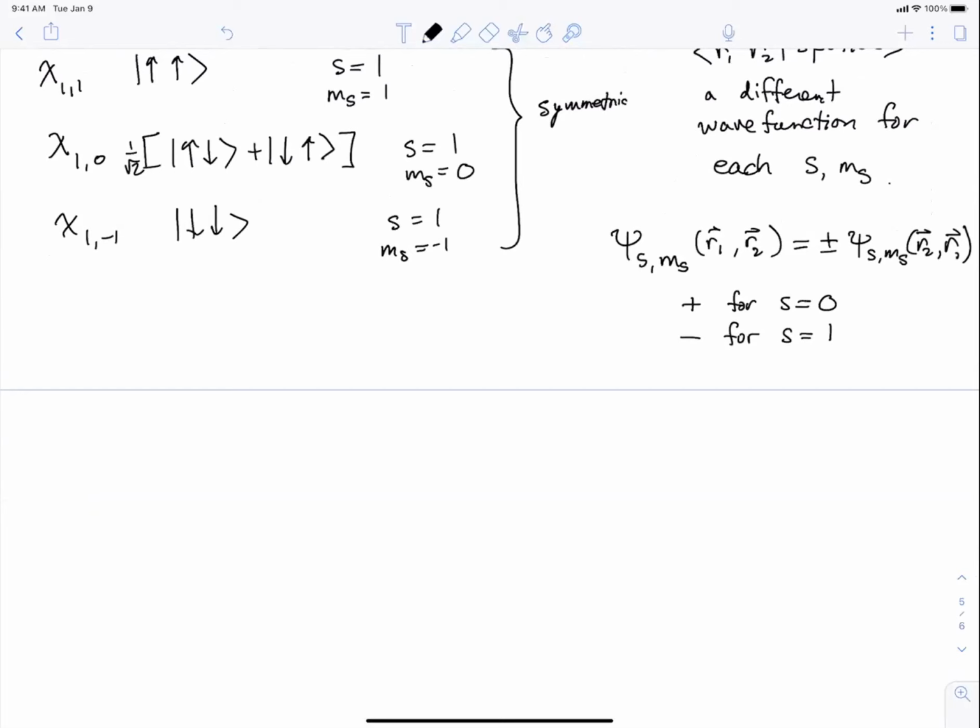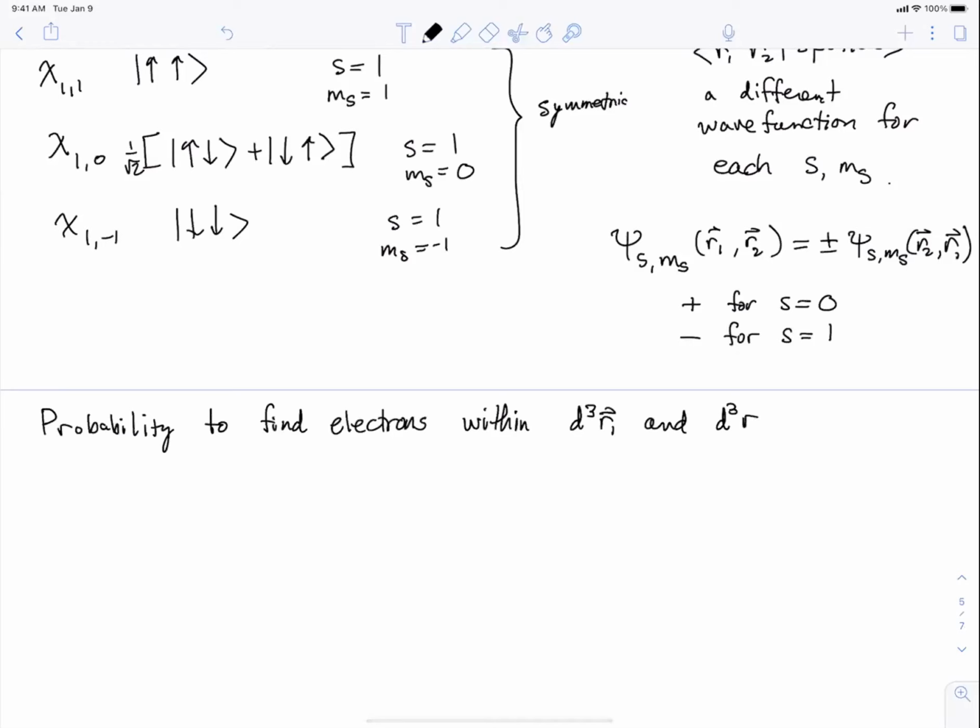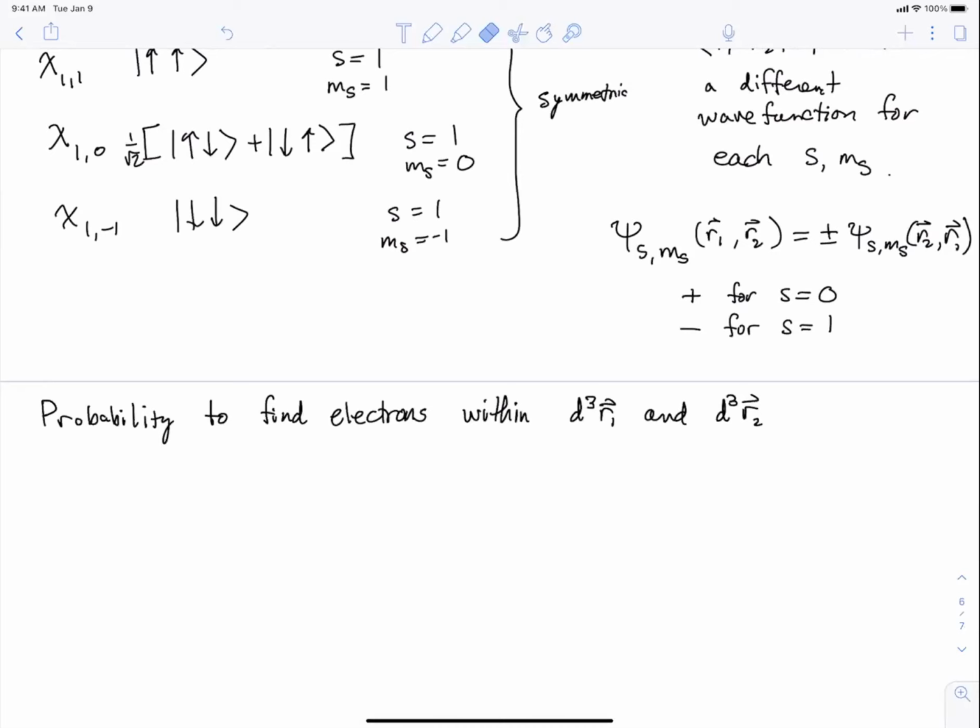So if we go back to the postulates of quantum mechanics and apply it carefully to these tensor products, then the way things work is that the probability to find electrons, both of them, at different places, so let's say within some infinitesimal volume d3r1 and another one within infinitesimal volume d3r2, is equal to, so it's a differential probability because those are infinitesimally small volumes.